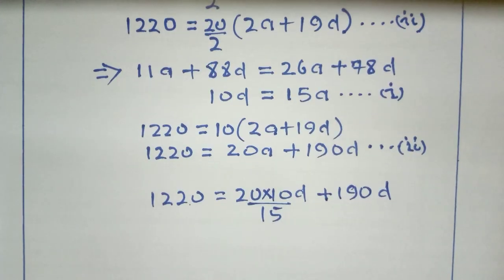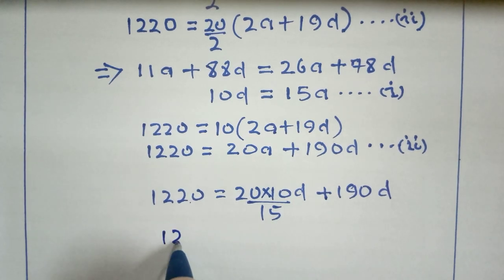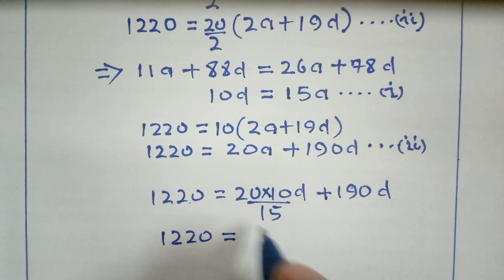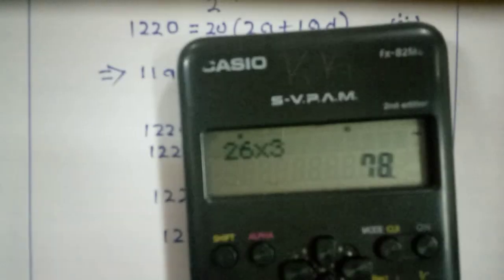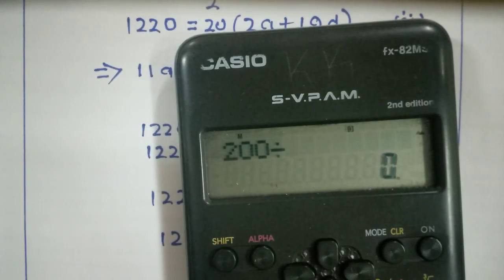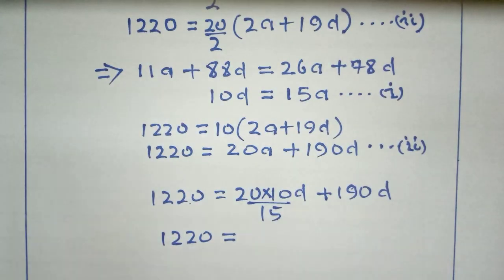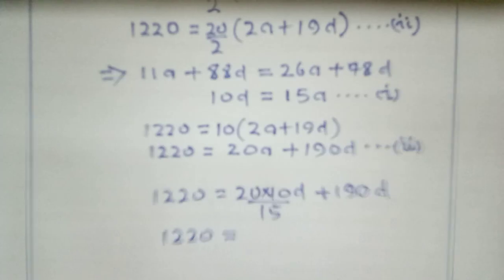So guys, we are now left with only one unknown. So we shall get 1220 equals 200 divided by 15, which gives us 13.33.